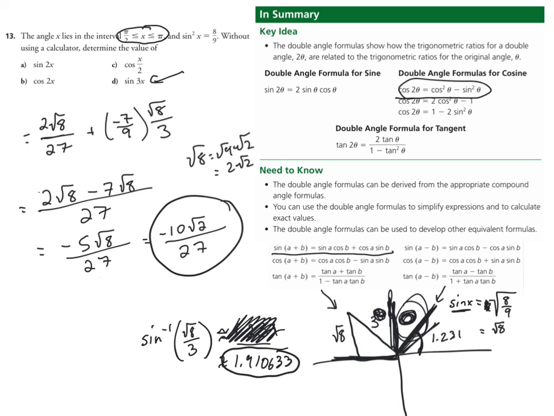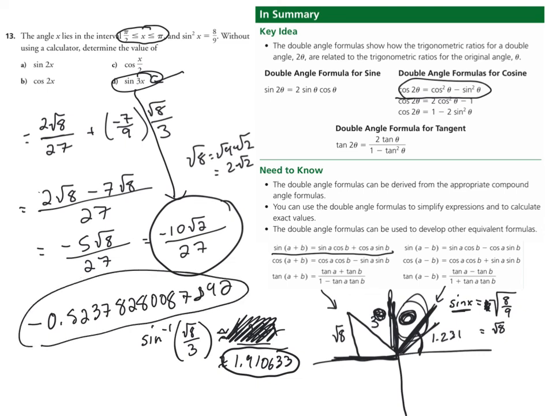So if I want to know 3x, I'm going to take that number and multiply by 3. And the sine of 3x, I just have to take the sine of that and see what I get. So sine of that, and I get negative 0.5237828008789. Really didn't have to write all those digits. And now let's just check.